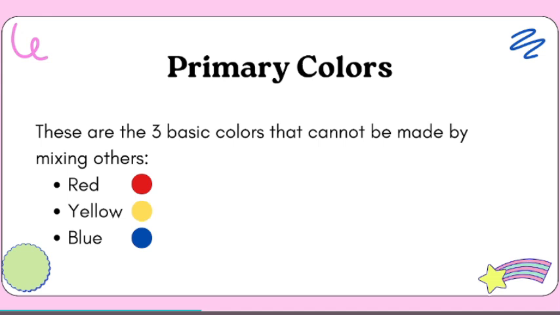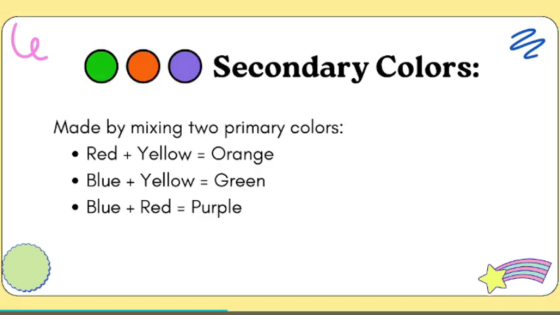Okay, and we looked at different types of color. Here we looked at primary colors. In primary colors there are just 3 basic colors that cannot be made by mixing other colors. We have red, yellow, and blue. Those are the 3 primary colors. Then we also have secondary colors, which are made by mixing 2 primary colors.